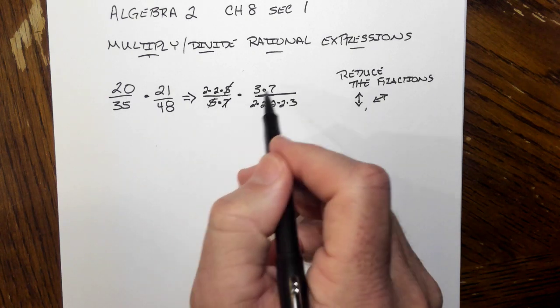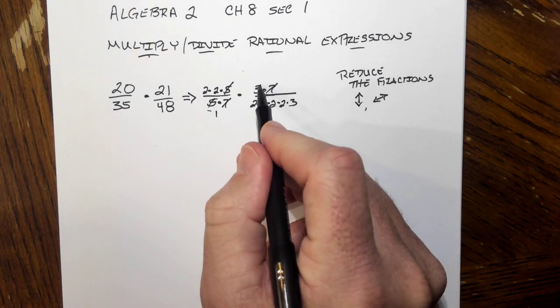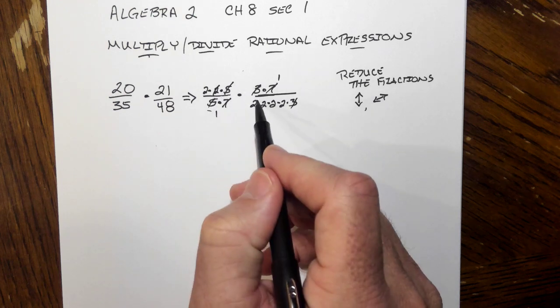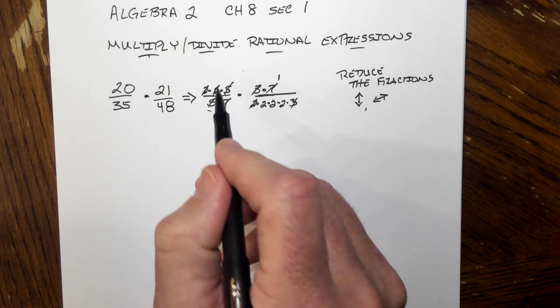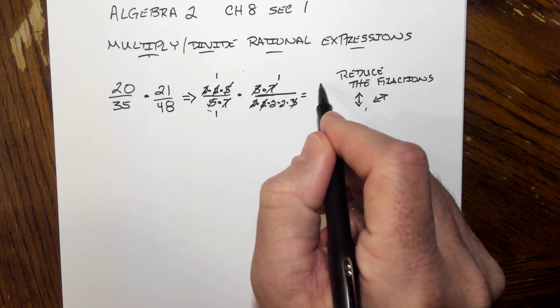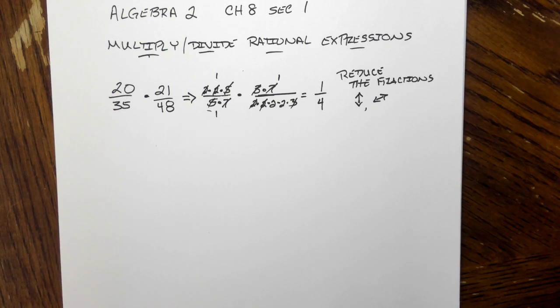I can see the 7s cancel out, and when there's nothing left, it's a 1. I can see this 3 and this 3 cancel out, left with a 1. Factor of 2, a factor of 2. Another factor of 2, leaving us with 1, and another factor of 2. Final answer, 1/4.